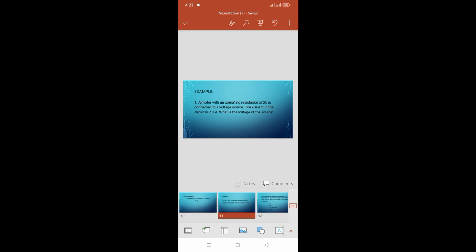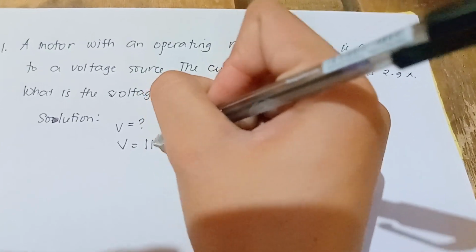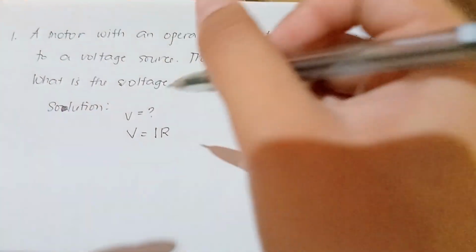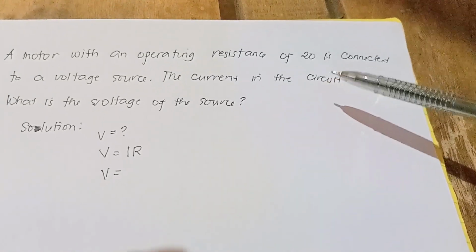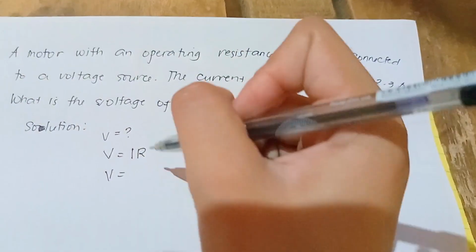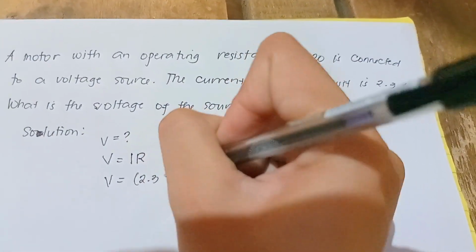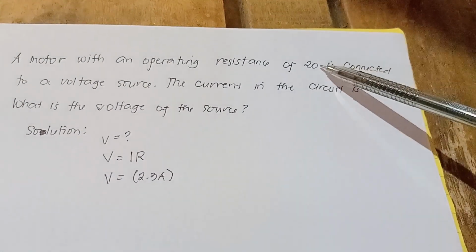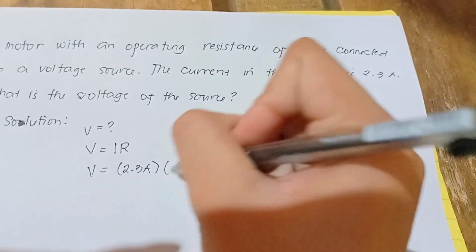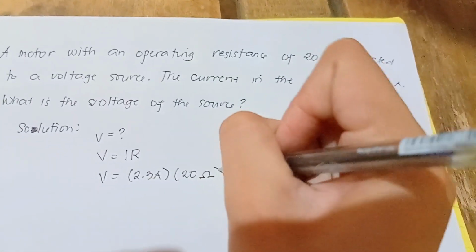Example: a motor with an operating resistance of 20 ohms is connected to a voltage source. The current in the circuit is 2.3 ampere. What is the voltage of the source? V is equal to I multiplied by R. The current here is 2.3 ampere, and the resistance is 20 ohms.